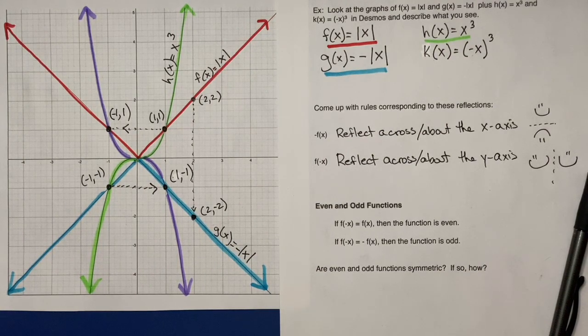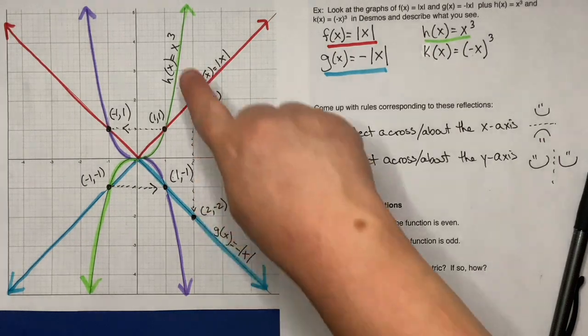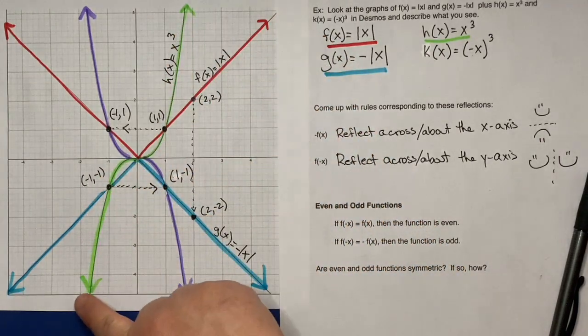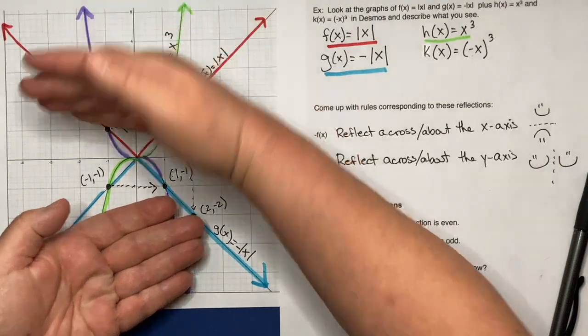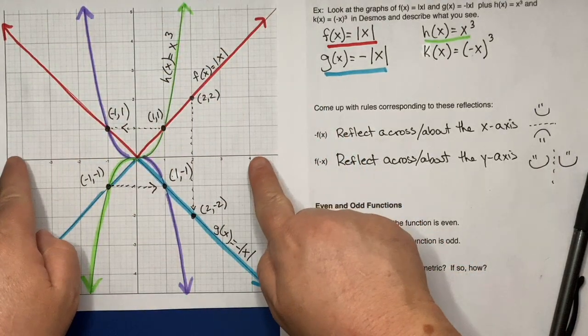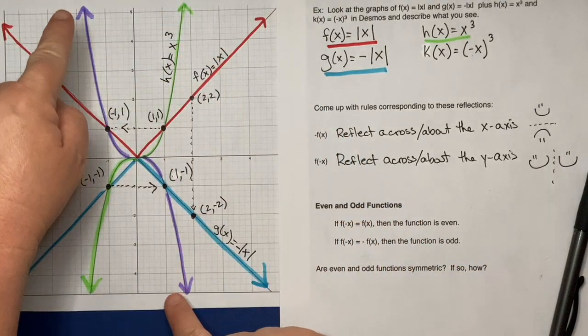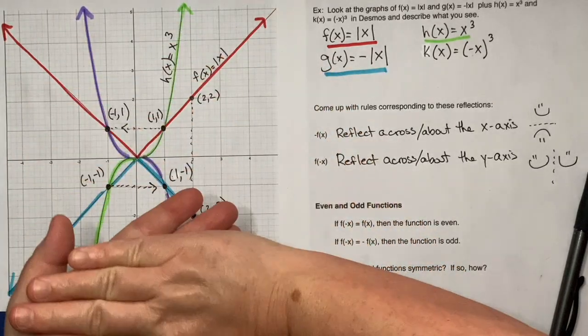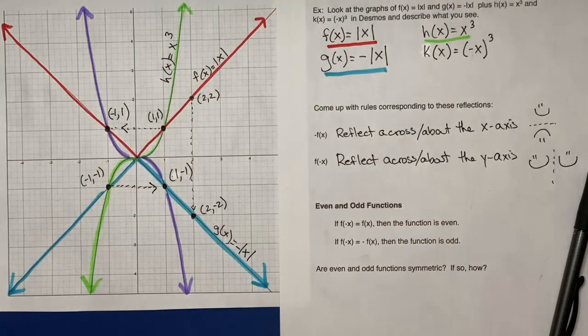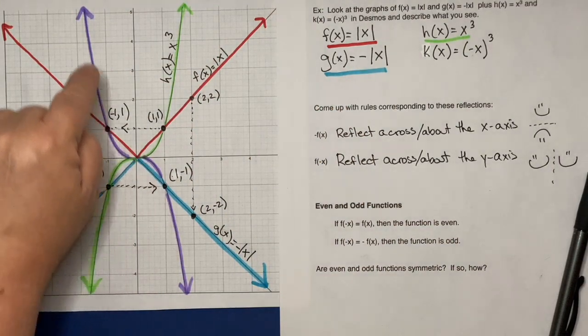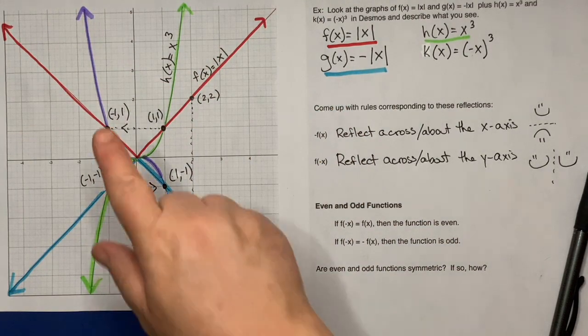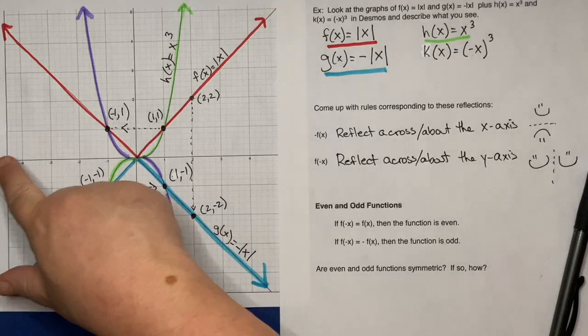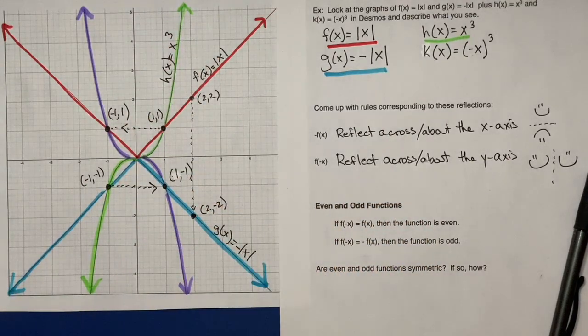So there are some functions that if I were to draw the green one in, if I folded the paper at the x-axis, I would end up with the purple, right? If this were wet ink and I folded it in half and pressed it together and opened it up, we'd end up with this one. So it actually works as a reflection across either the x-axis or the y-axis.